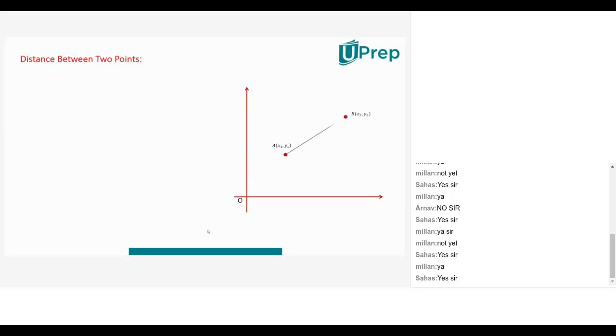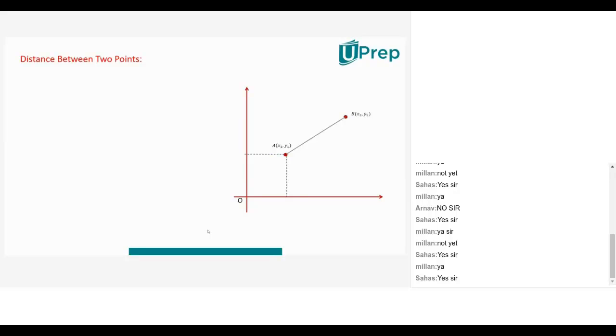I got a line. Is that line parallel to the x-axis or no? No, sir. Is the line parallel to the y-axis by any chance? No, sir. That means can the distance be y2 minus y1? Yes, sir. Why? You only said the line is not parallel to the x-axis.